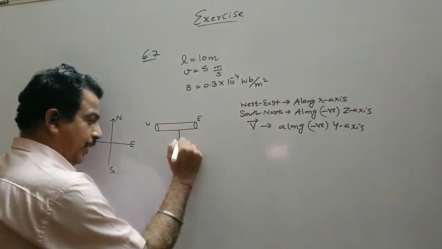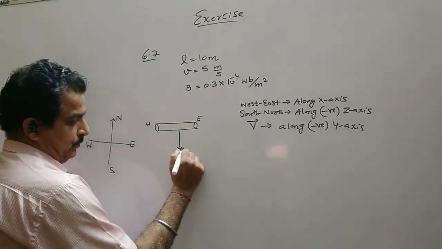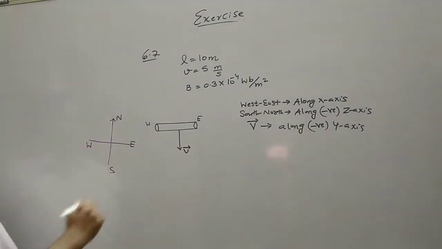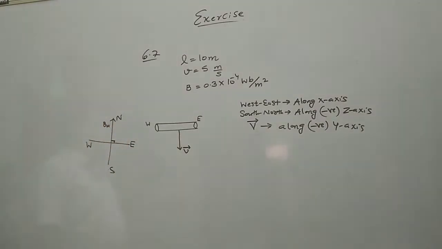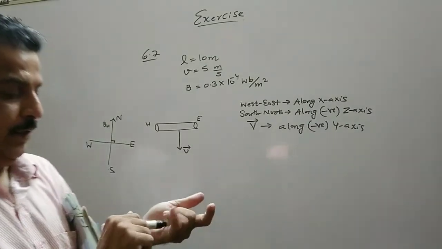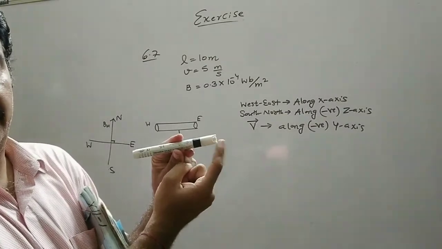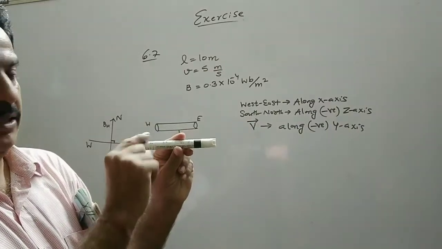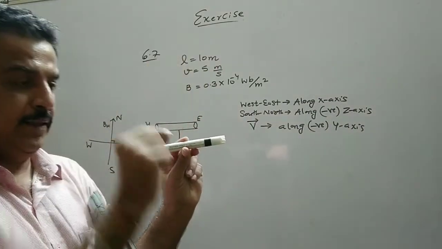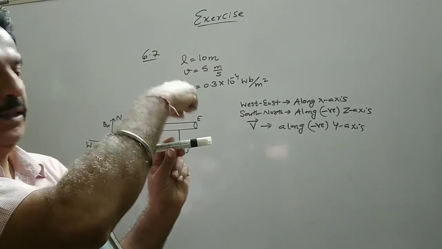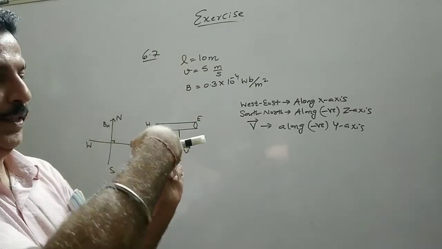So the wire is falling like this. This is your BH, that is at 90 degrees. So the situation is, this end is east, this end is west, this end is south and that end is north, like this.